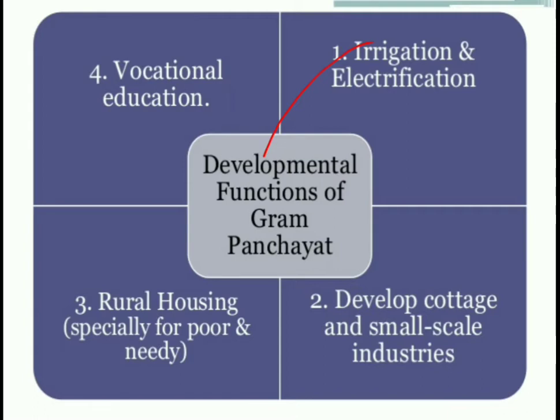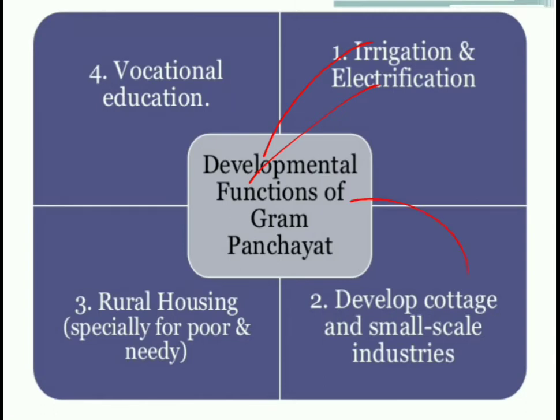Some percentage of the loan is also given by the cooperative banks and so on. And electrification means to run the submersible pumps, providing the electricity supply to those pump sets, for people doing the irrigation work in their field. So that is also called electrification.